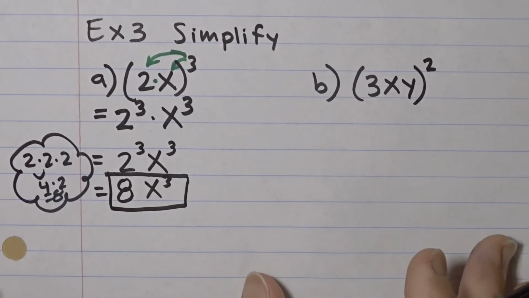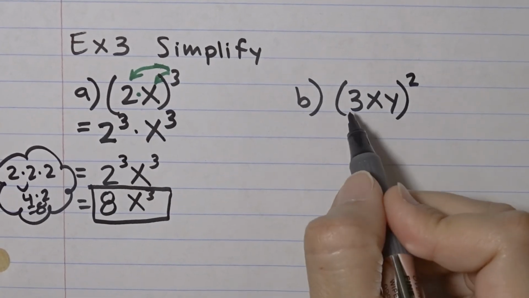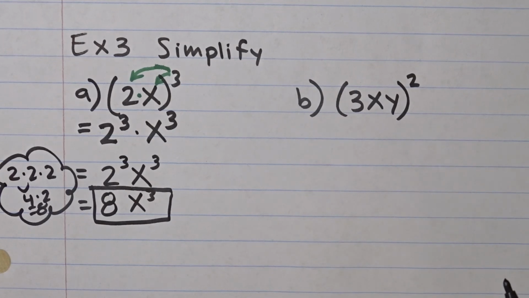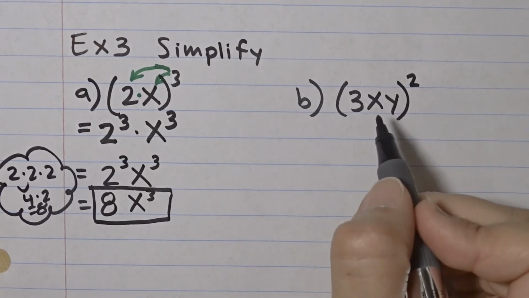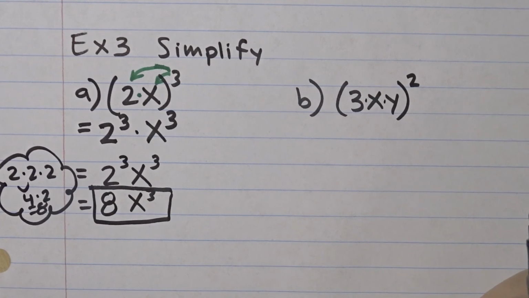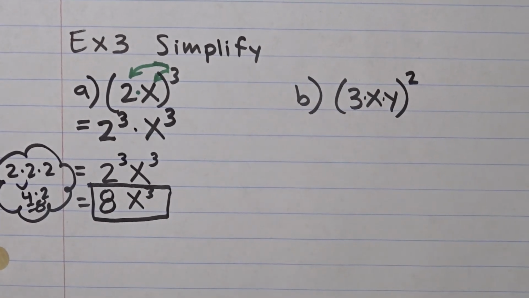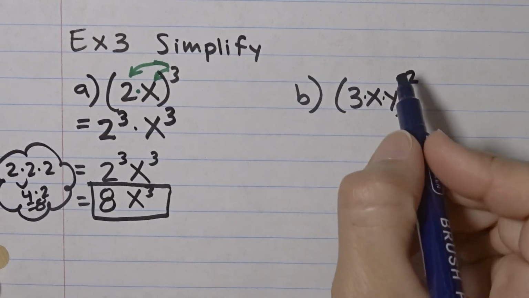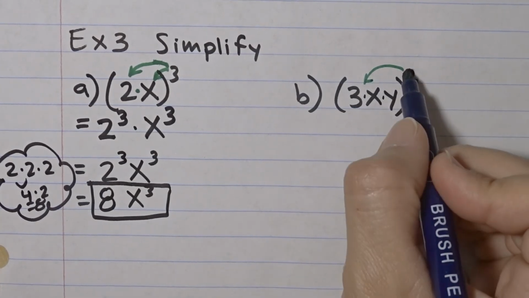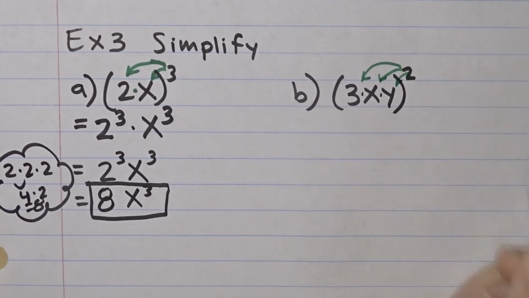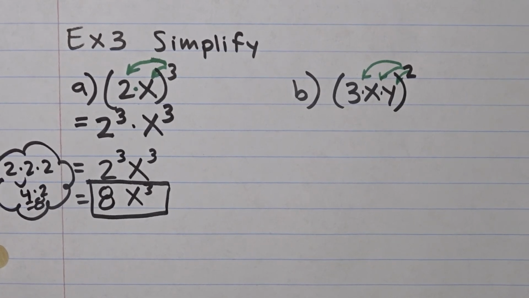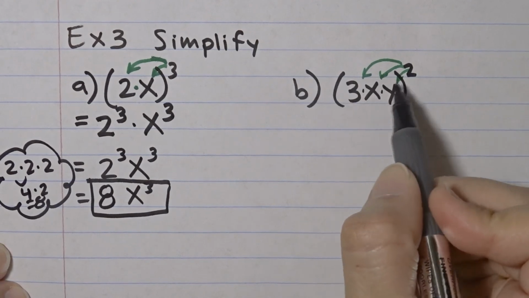And B, how many factors do you see in this parenthesis? There's 3 of them in here. So each one of them is going to get a second power. So this 2 is going to go on the 3, on the x, and on the y. Every single little thing in the parentheses is going to show up twice, because it says to take all of this twice.